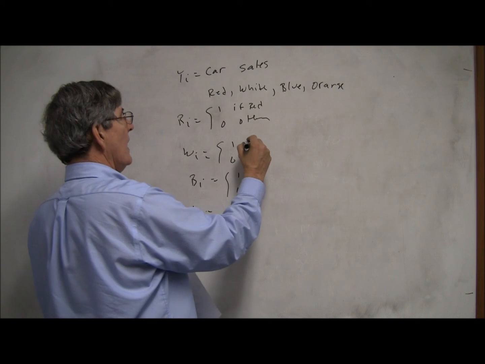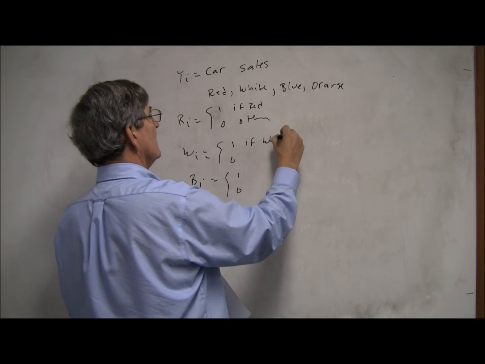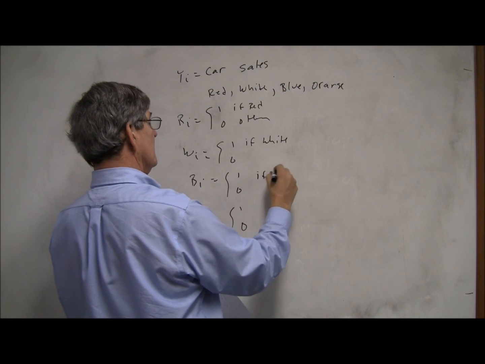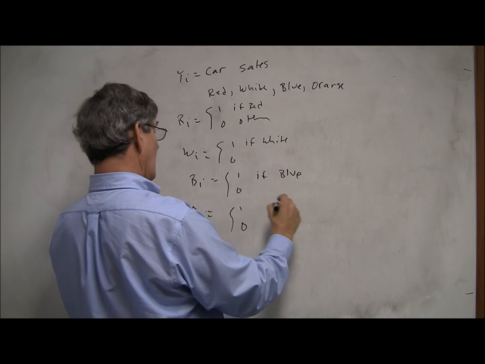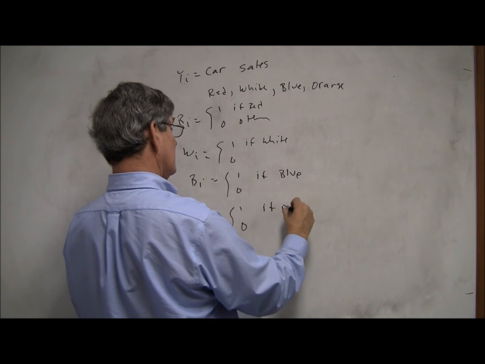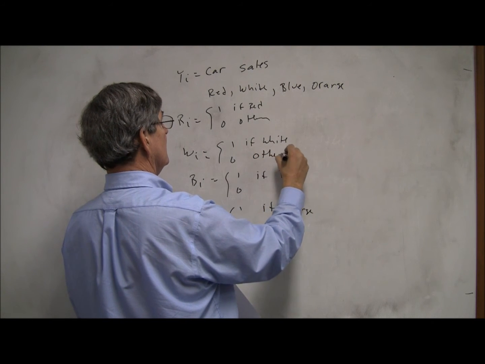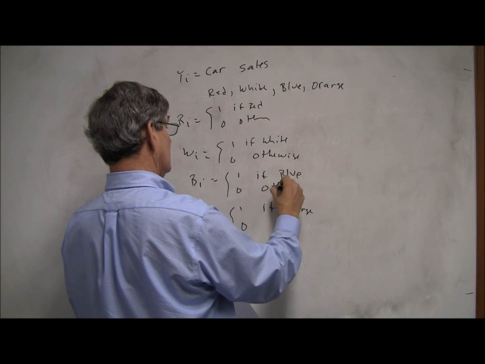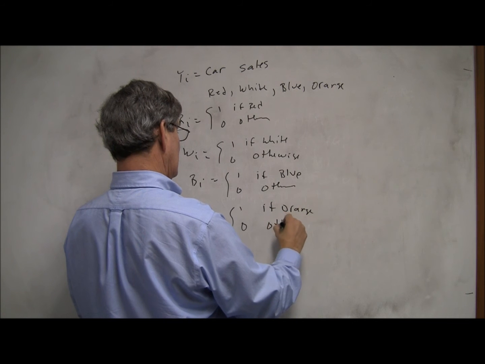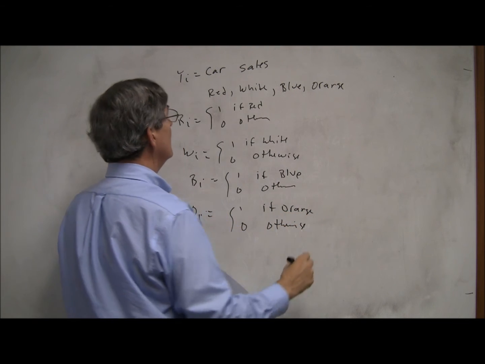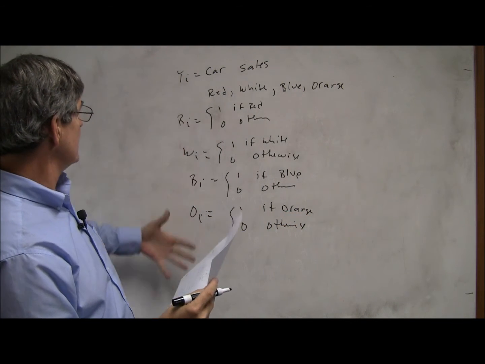So this is Wi is if white, Bi is if blue, Oi is if orange, and all the other ones are otherwise. And I want to know about car sales as related to these.